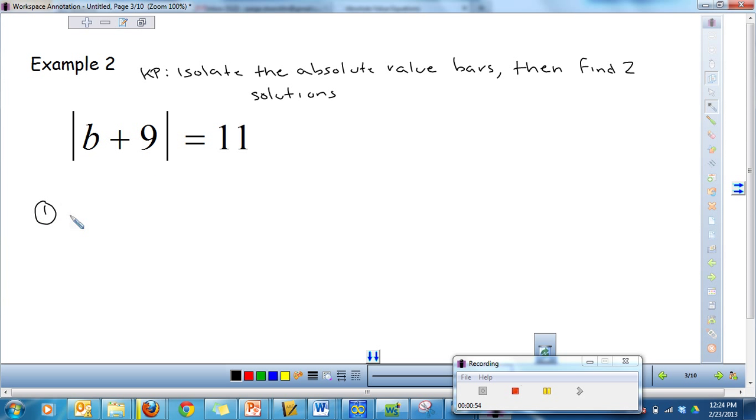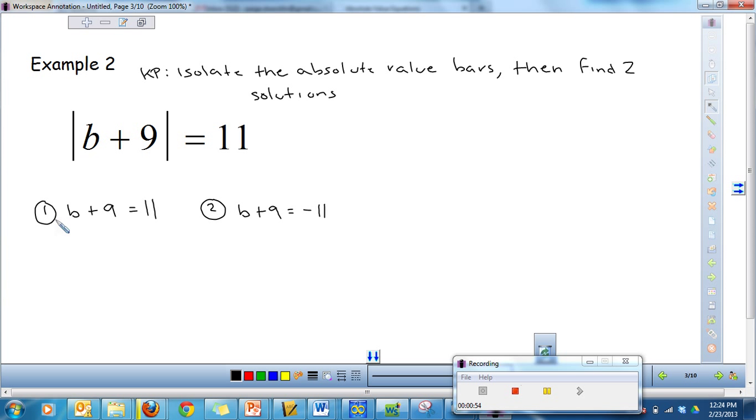So one of them is going to be b plus 9 equals 11. That's my first solution. My second is going to be b plus 9 equals -11. And the reason is we're using inverse operations, and we change our answer to negative because this number could be positive or this number could be negative, and we don't know what is going to get us to a positive 11.